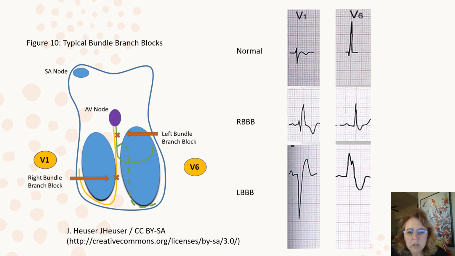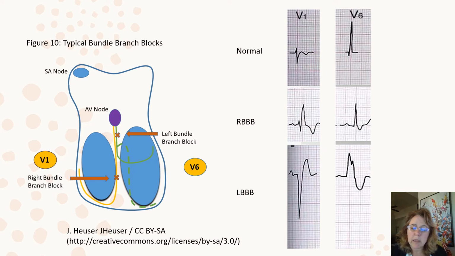So that energy has had to find an alternative path around. It is not heading anywhere close to that V1 lead, and so it's negative. It's heading away from that V1 lead, but it is finding an alternative path around towards the V6. It's trying to get that energy over around to that left side.